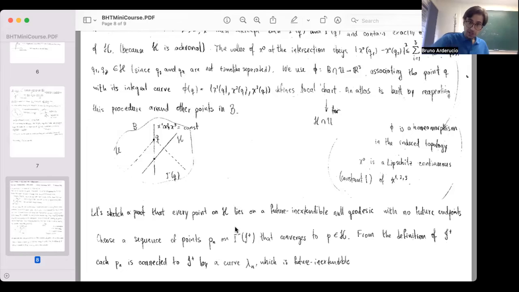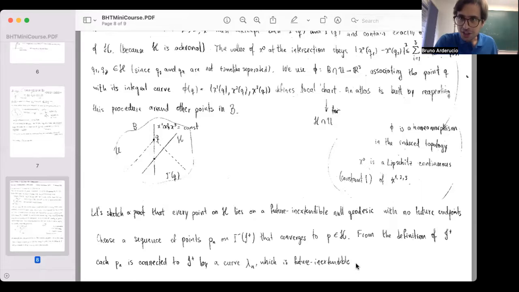Each of these curves I denote by lambda sub n, and each is, by definition, future inextendable. So let's see what's happening. You have a family of points converging to a point on the horizon, and through each of these points of the sequence there is a future inextendable curve to scri plus. What happens here?